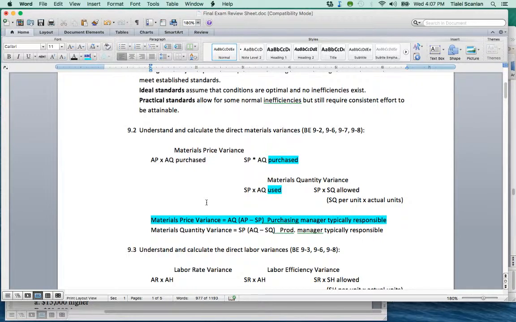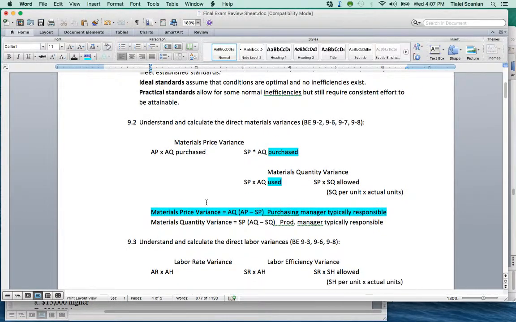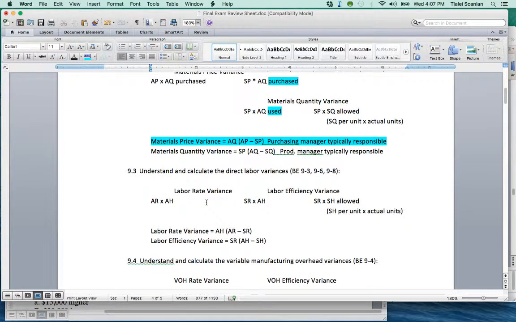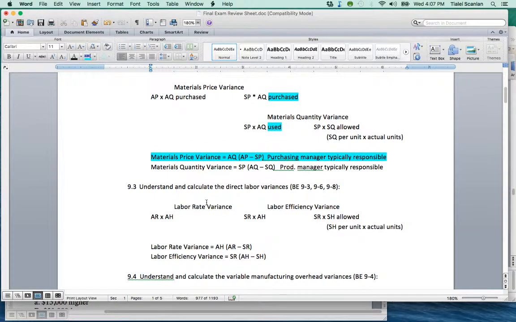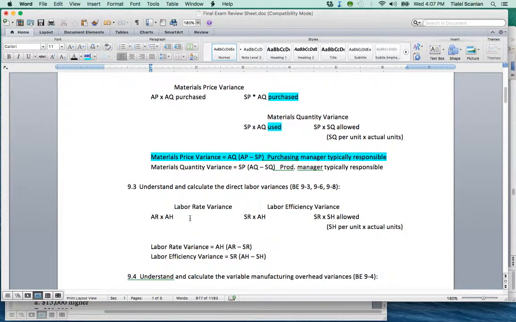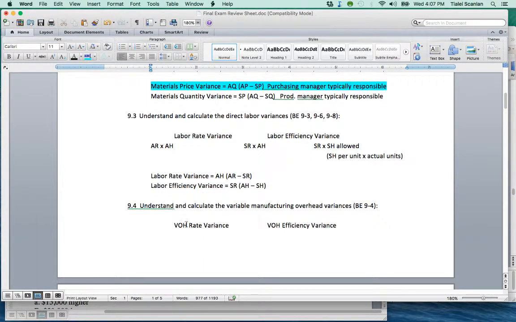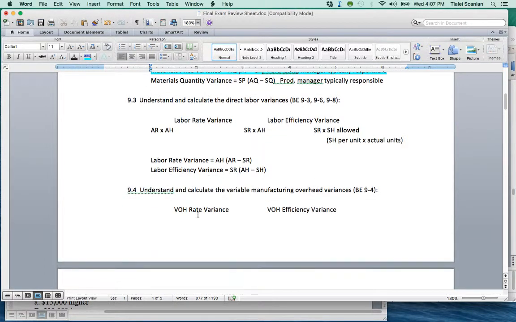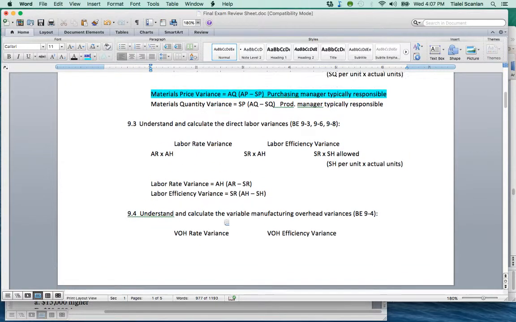It'll give you direct materials, direct labor, and variable manufacturing overhead, all the information together. Make sure you do a price variance and a quantity variance for the direct materials, labor rate variance and labor efficiency variance for the direct labor, and then these variances for variable overhead.